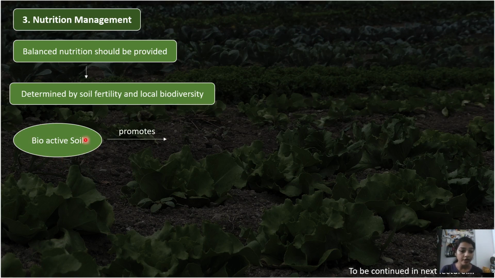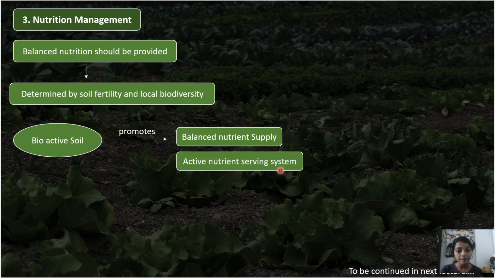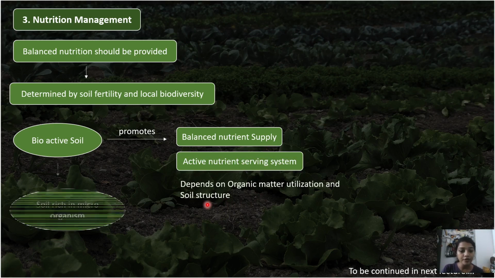Now what is bioactive soil? Bioactive soil is something that promotes balanced nutrient supply. It gives a good nutrient supply to the plant. It serves as an active nutrient serving system, and of course this depends on organic matter utilization and soil structure. So what is bioactive soil?